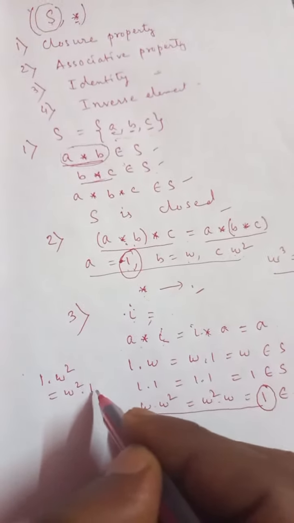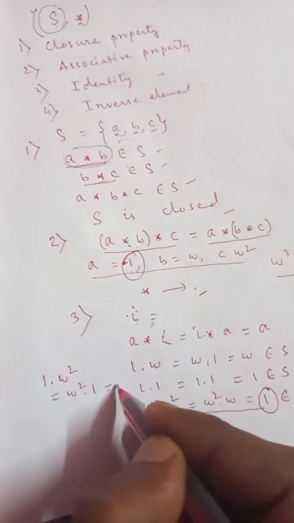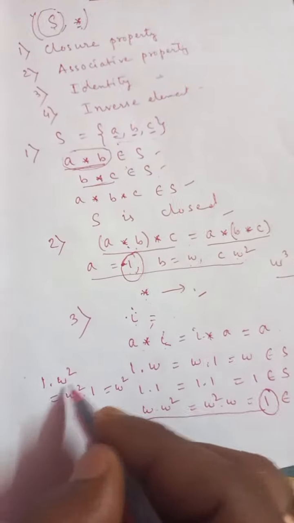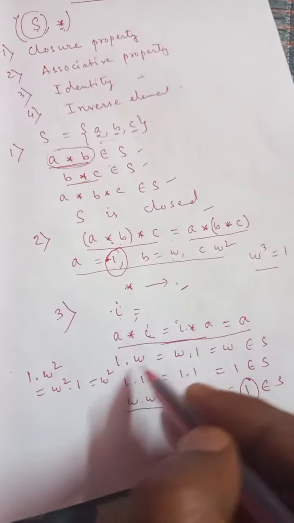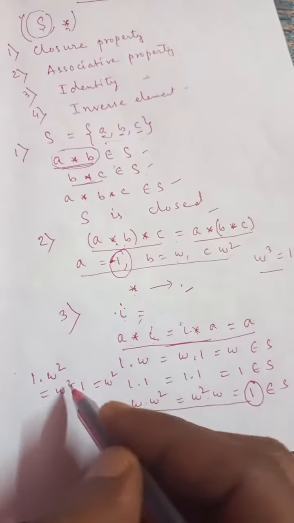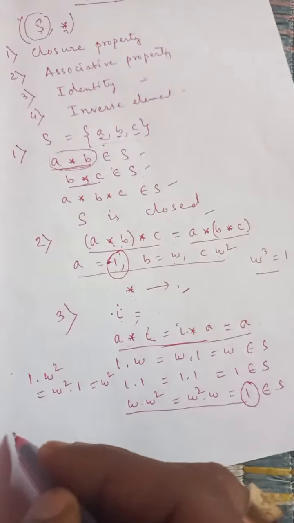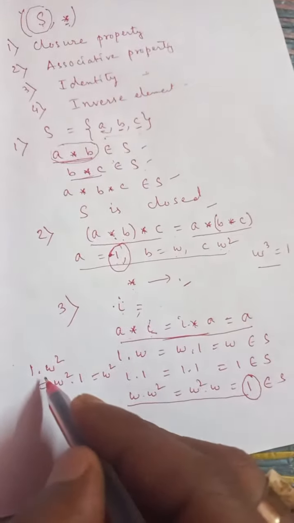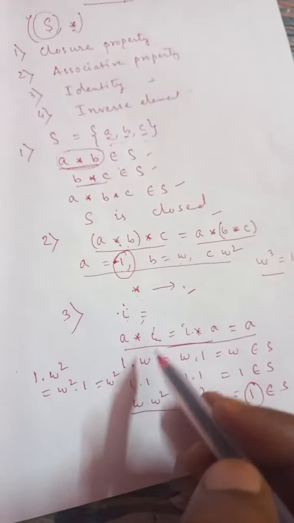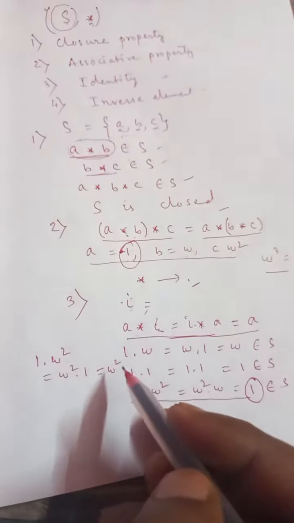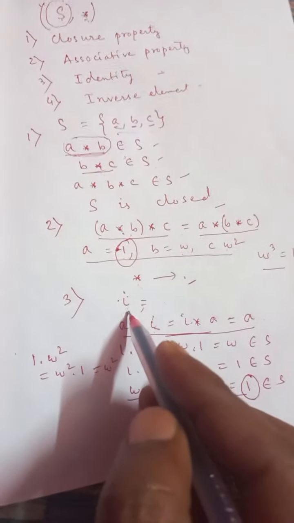We are looking at whether this condition is satisfied by this set, so one can say that 1 is the identity element in the set S under the multiplication operation. So we can find an identity element.